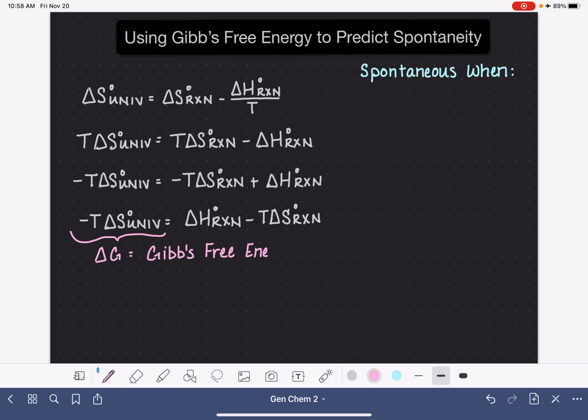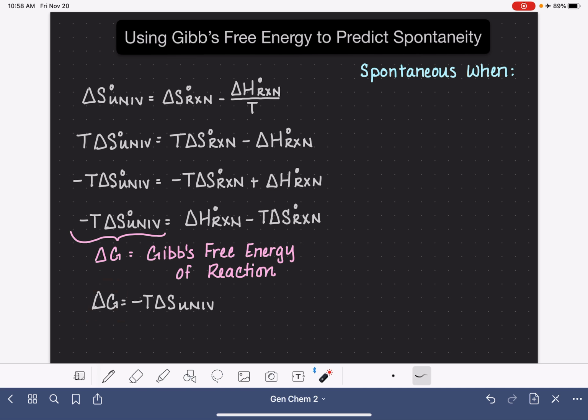Specifically, it's going to be Gibbs free energy of a reaction. And mathematically, delta G is equal to negative T delta S of the universe. But calculating the delta S of the universe is a little bit tricky. There's a lot of steps involved, so the delta G is just a shorter version of that.